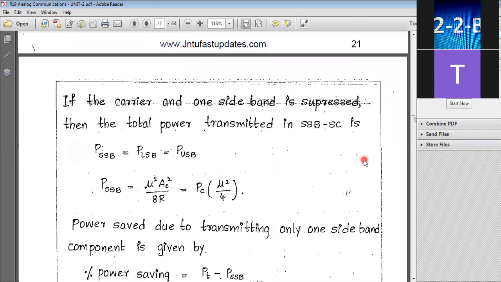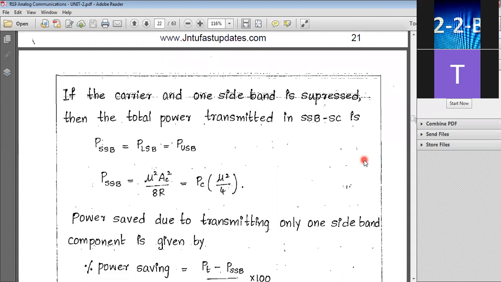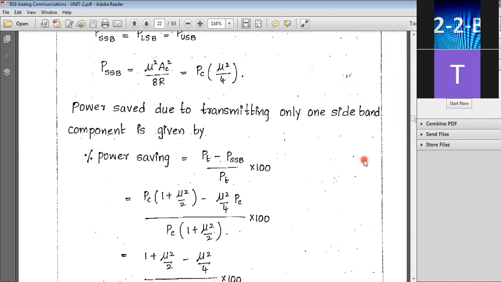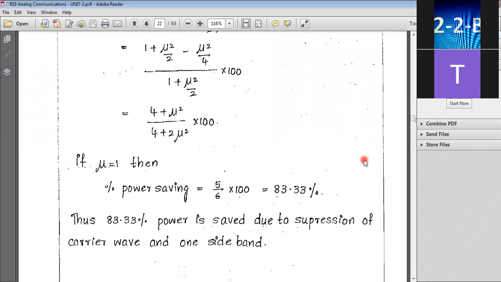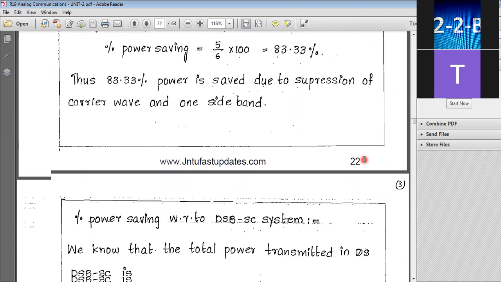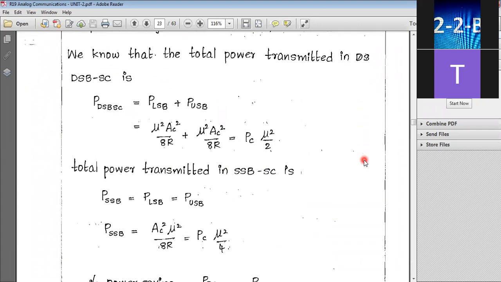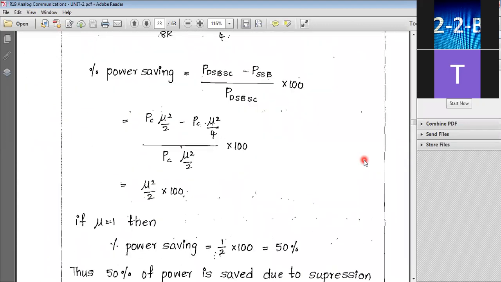Take those two powers, and for that we calculate power saving. If we want to compare with the DSB-SC, then you consider the power of the DSB-SC signal. From that we calculate the total percentage of power saving. So with the first technique, we can save 83.33%. And for the second technique, we can save up to 50%.